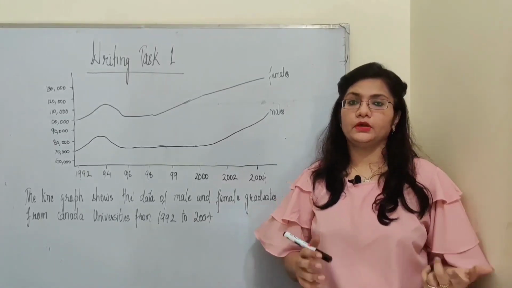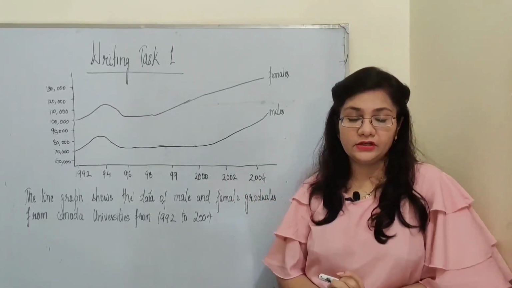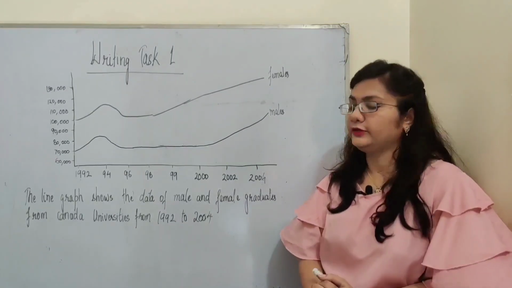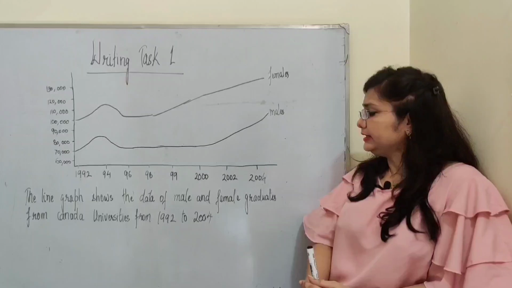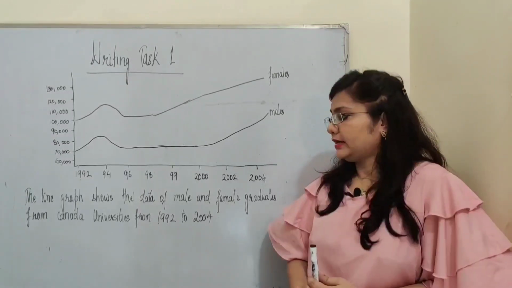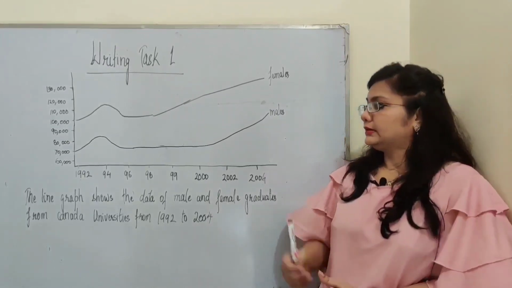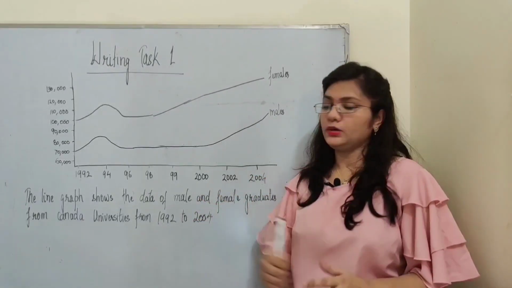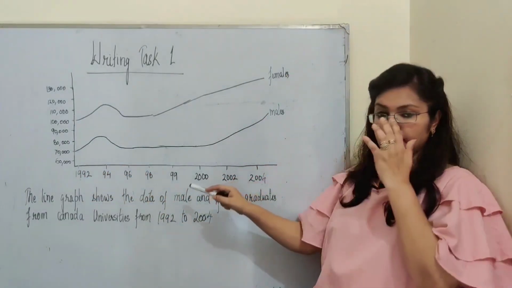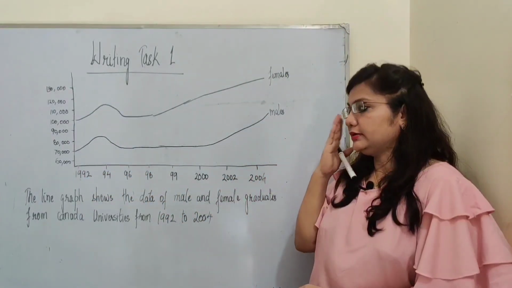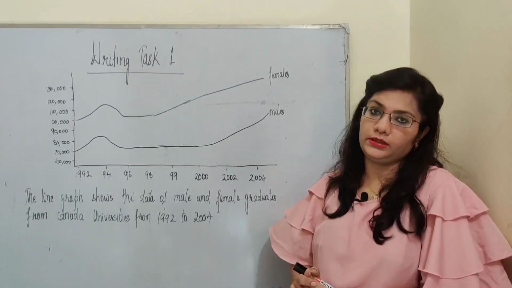So today the data that is given to us, it's in the form of line graph, and this data is about the male and female graduates from Canada University from 1992 to 2004. This data is given to us in the form of numbers, like here numbers are written and years are mentioned. So the first thing that we are going to do in this is to interpret the data accurately.